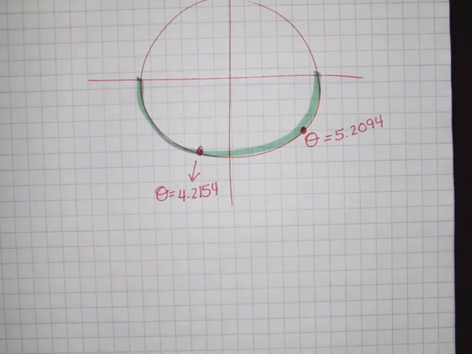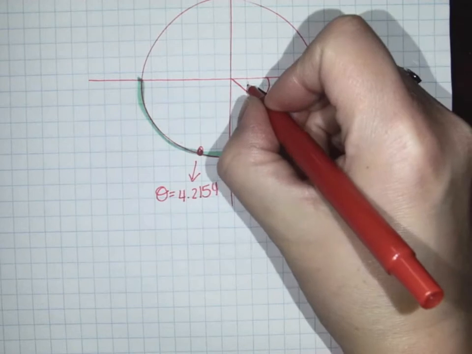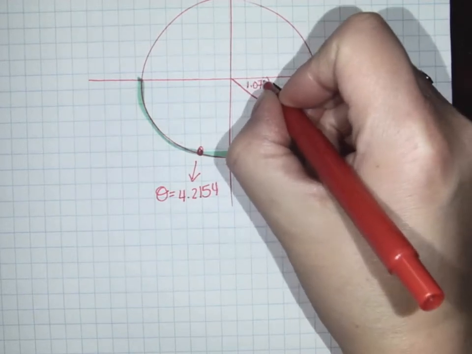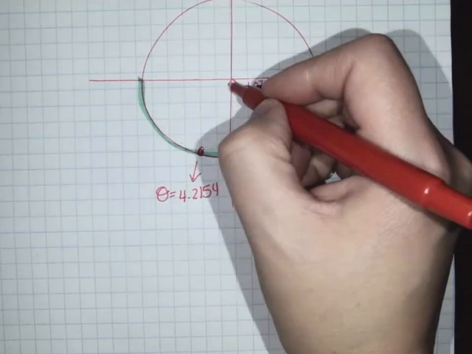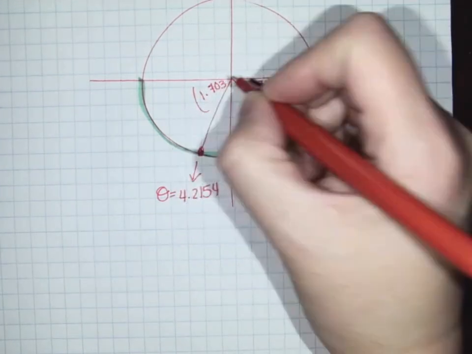So when you say reference angle, are those positive? Are those positive answers? That's not what a reference angle is. The reference angle is this in here. So we're finding the point that the reference angle came from. And this reference angle in here is 1.703.